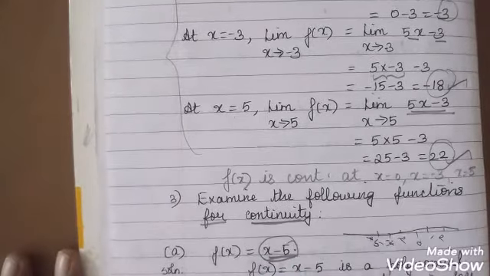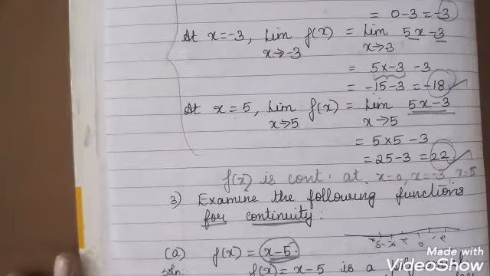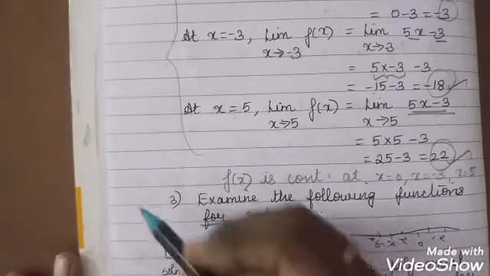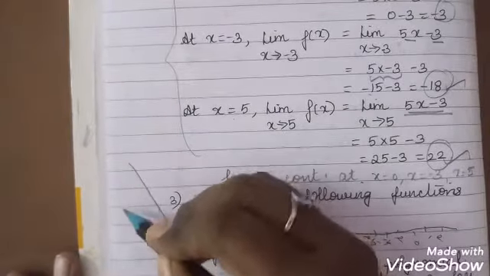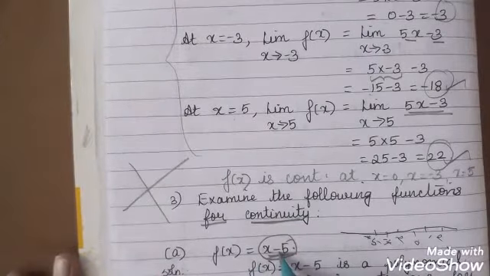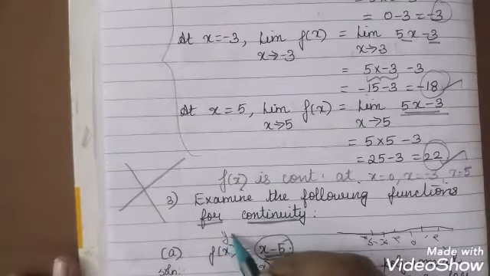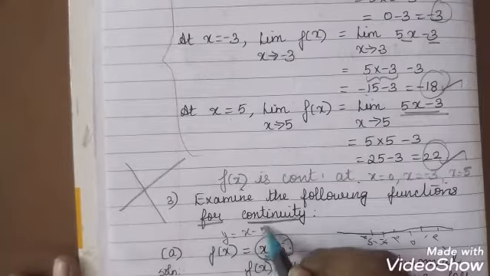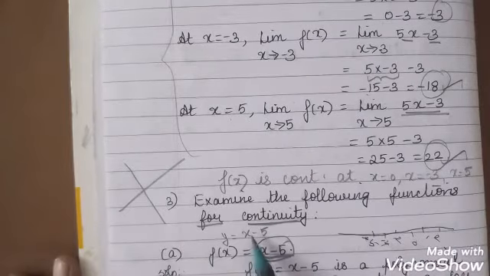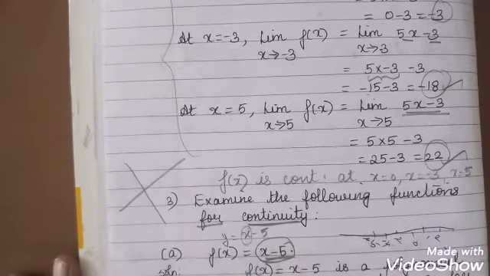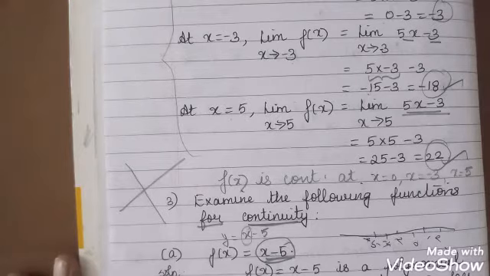So what is your f of x equal to x minus 5? It's nothing but a polynomial. Okay, so I'll just draw an approximate graph here. X is here, f of x is equal to x minus 5 means you know that y equal to x minus 5. Now you take any values for x, either 0 or 1, any value in the real line system.